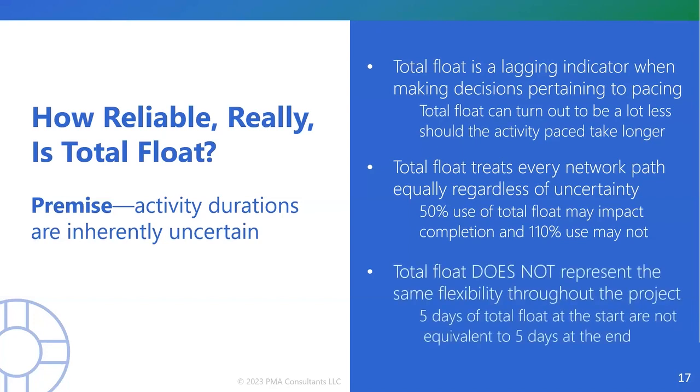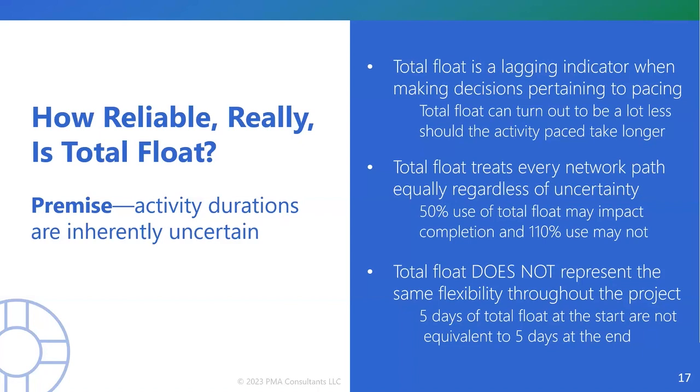And the impact of using total float earlier on your project or later on is vastly different. Using 5 days of total float early in your project has a lot of impact because there's a lot of uncertainty remaining. As the clock moves, as the data advances, uncertainty becomes history.